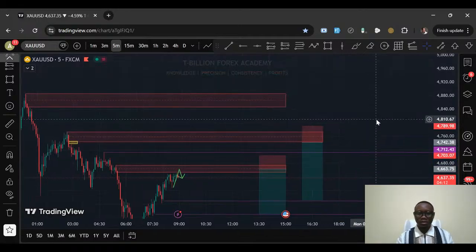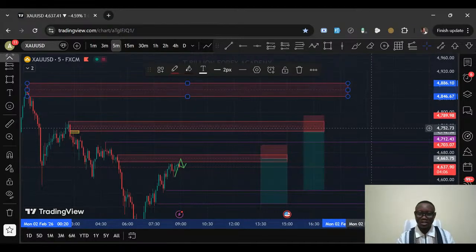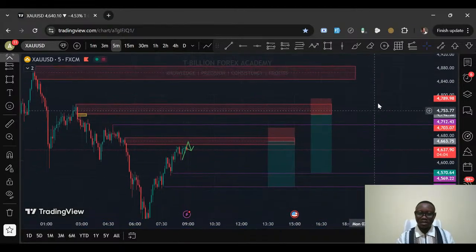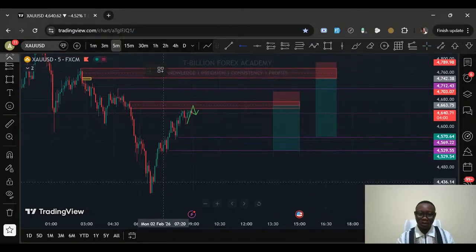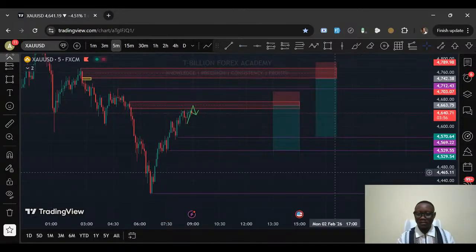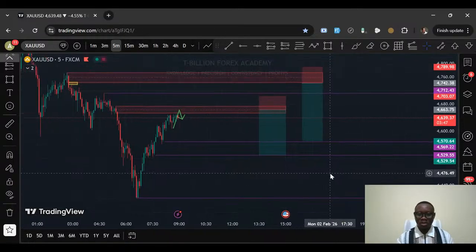And you can see since we are selling, I'm not targeting the next support level, which is this. I'm not targeting this because I'm anticipating a reversal, a shift from the bearish trend to the bullish trend. That is why I'm not trying to be too optimistic with my take profit.